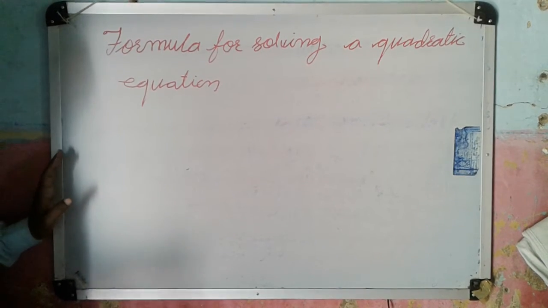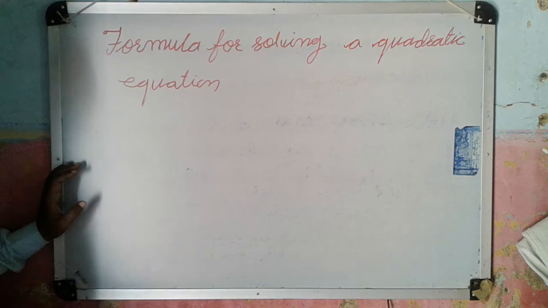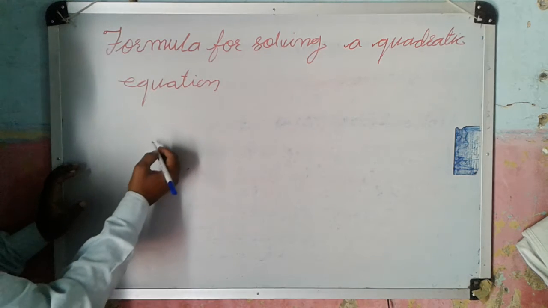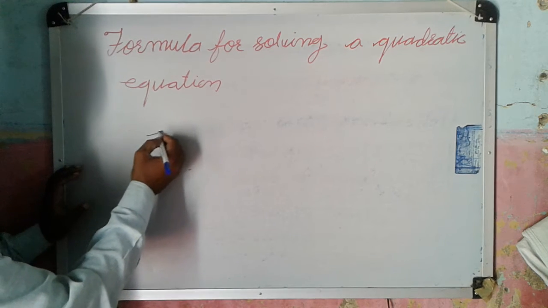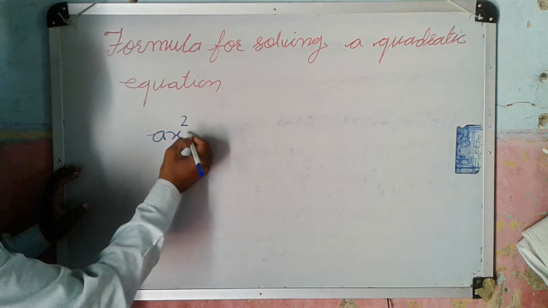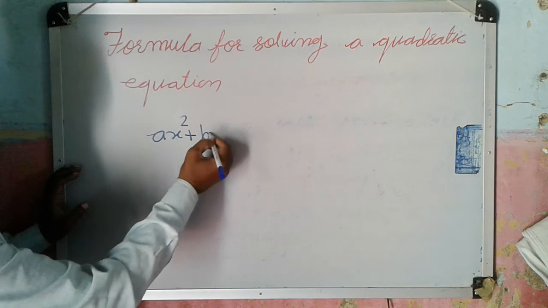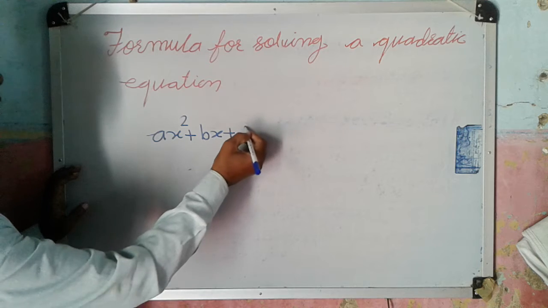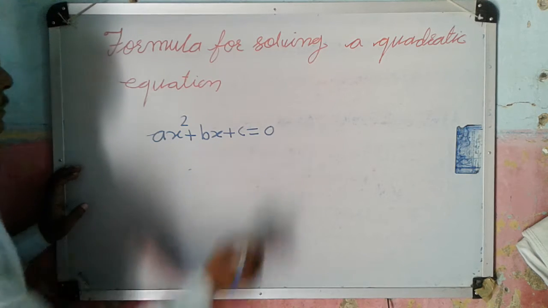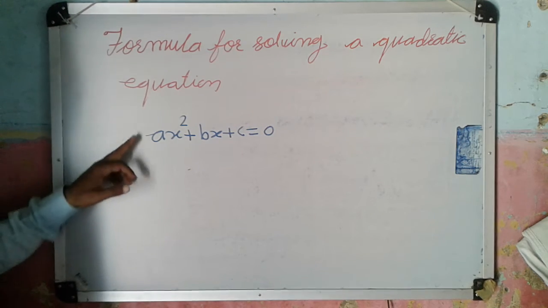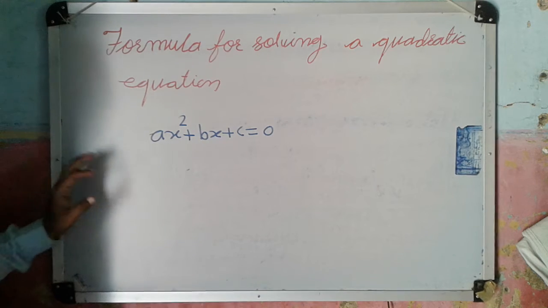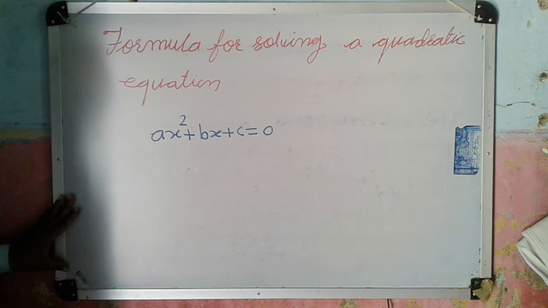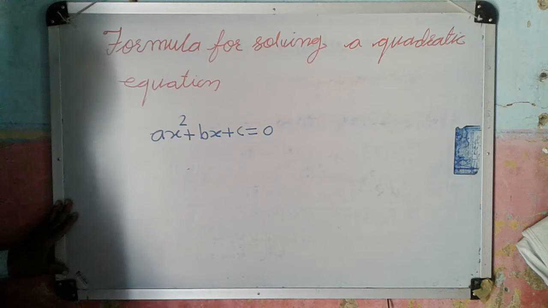Now we know the general form of quadratic equation. Ax square plus bx plus c is equal to 0. This is the general form of quadratic equation. Already we have learned this.